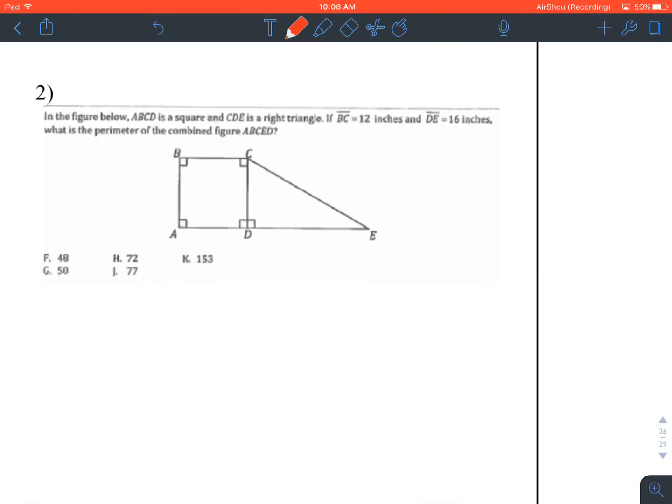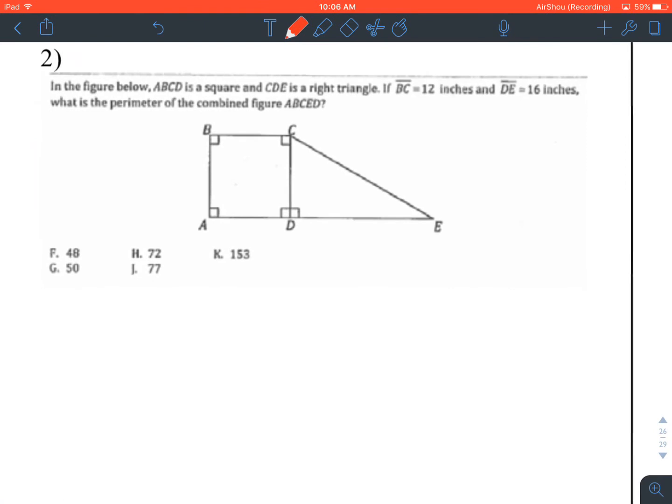Number 2, in the figure below, triangle ABC is a square, and CDE is a right triangle. If segment BC is 12, as soon as you read that, put it into the picture. I'm going to do more than that. Since it's a square, that means these are all 12, which now means we know the length of one of the sides of the triangle.